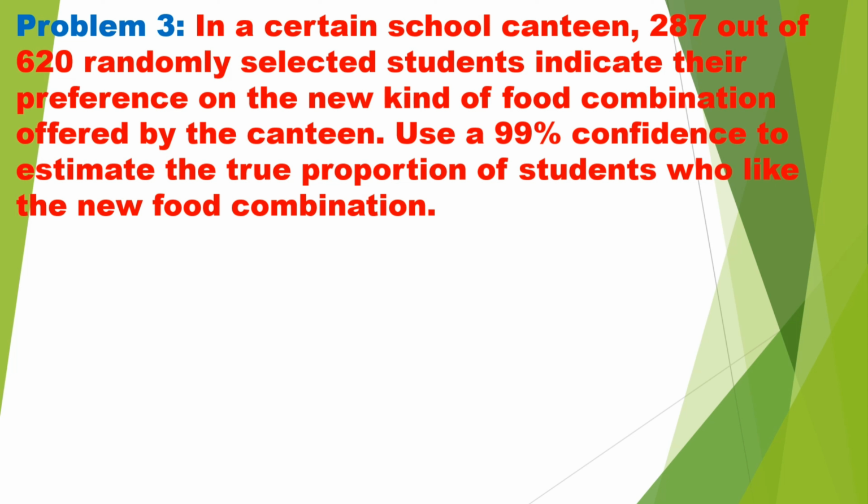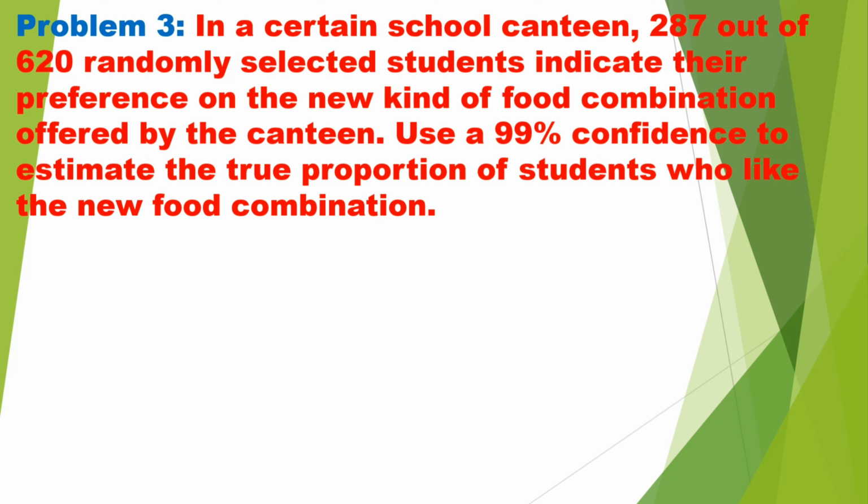But wait! There's more! Let's proceed to the third and last problem for this video. In a certain school canteen, 287 out of 620 randomly selected students indicate their preference on the new kind of food combination offered by the canteen.